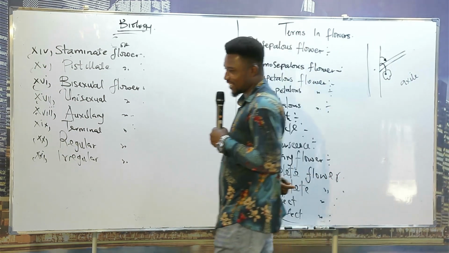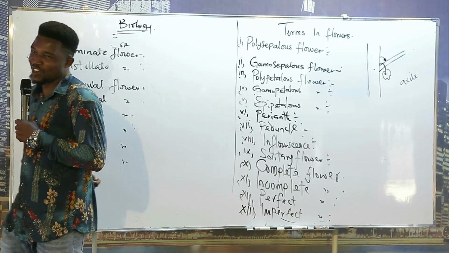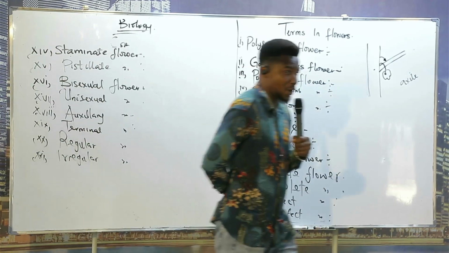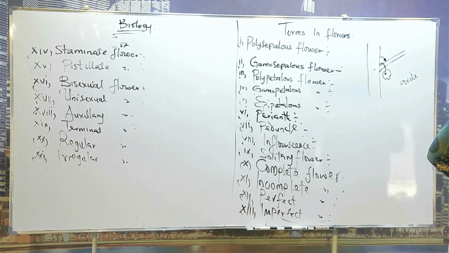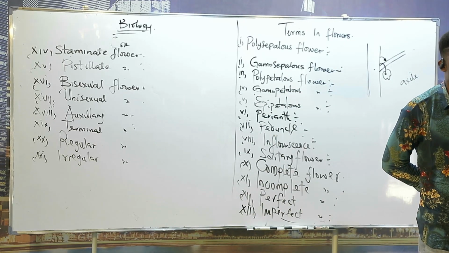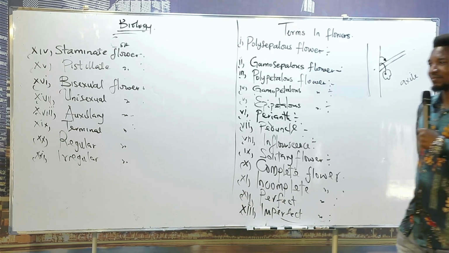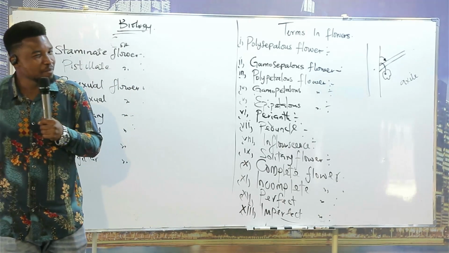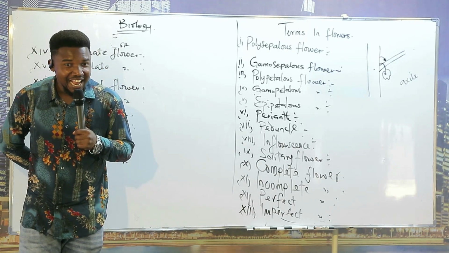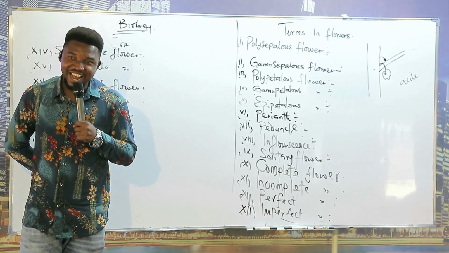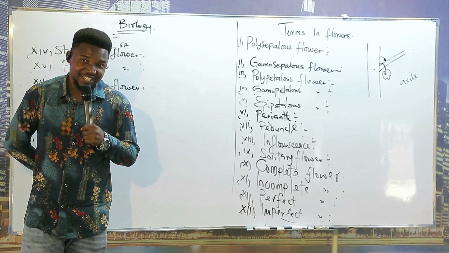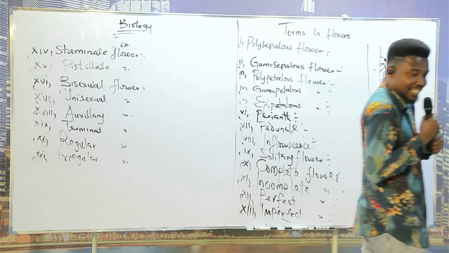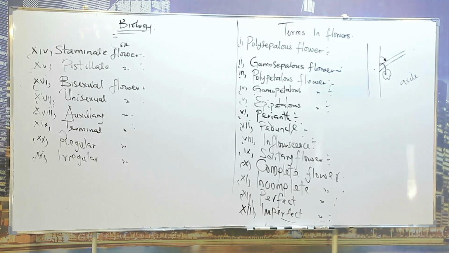Some people are yawning because I'm not teaching human reproduction now, because if I'm teaching reproduction, your eyes will be wide open and you see questions flying from all angles. I'm sorry to say it, JAMB does not like asking much question from there. If they ask you more questions in reproduction, you pass it.